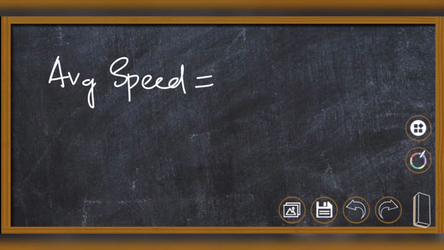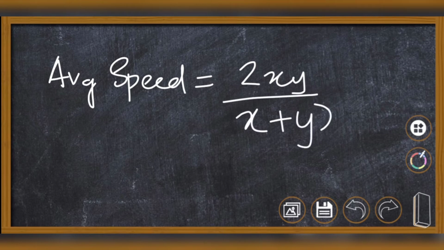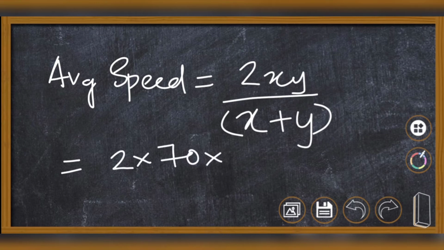Here the distance is same. So average speed is equal to, what is the equation? 2 into xy by x plus y, and x and y are the two different speeds. Okay, so it is 2 into, what are the speeds? 70 and 55.